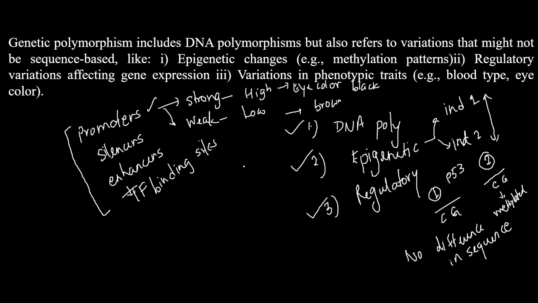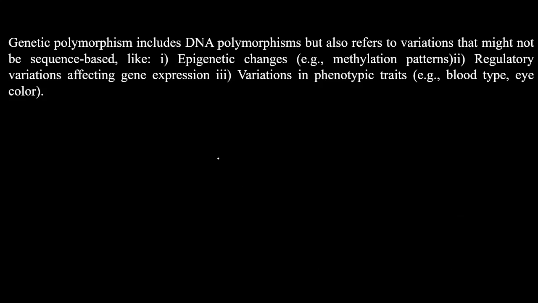So genetic polymorphism basically includes DNA polymorphism, but also refers to variation that is not only sequence based. One is epigenetic, another is regulatory, and because of these changes there is a variation of the phenotypic traits.